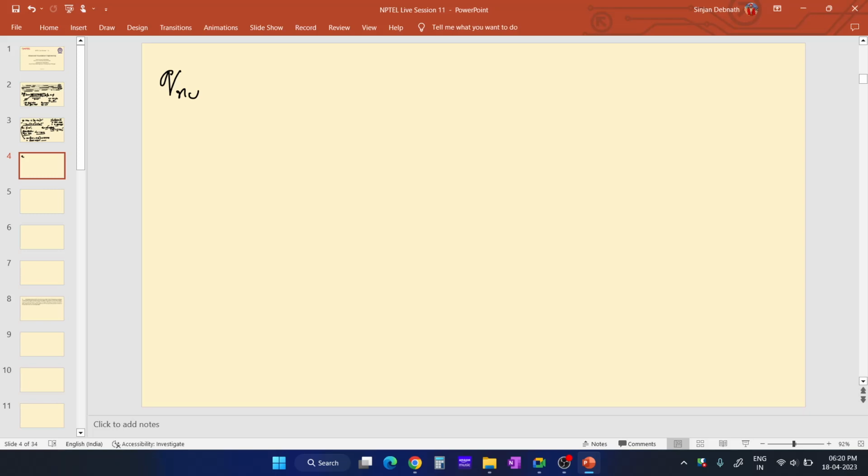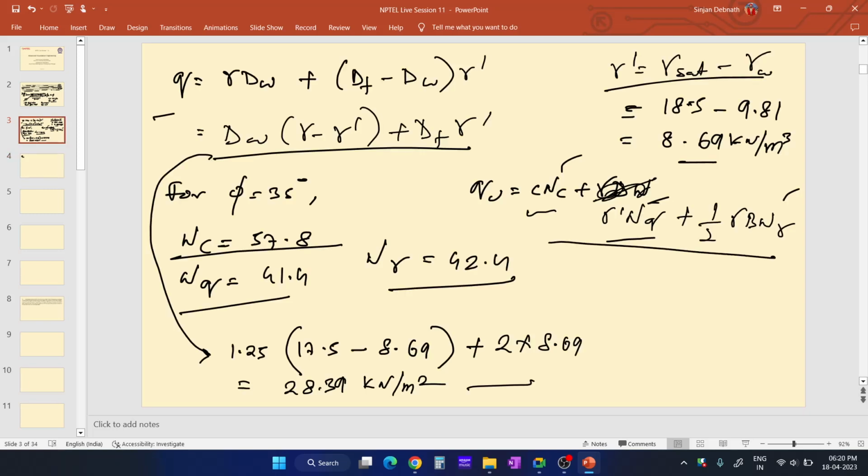So qnu is qu minus sigma dash, which will be c Nc plus sigma dash into Nq minus 1, plus half gamma B N gamma.